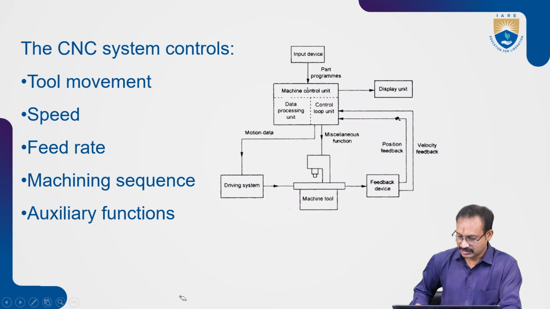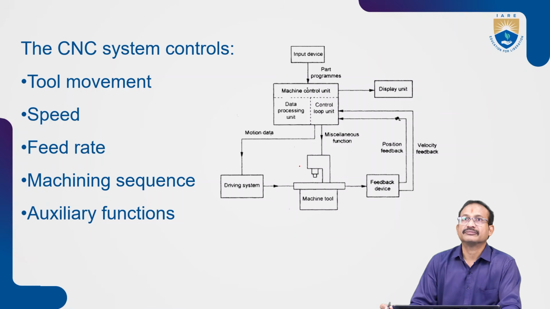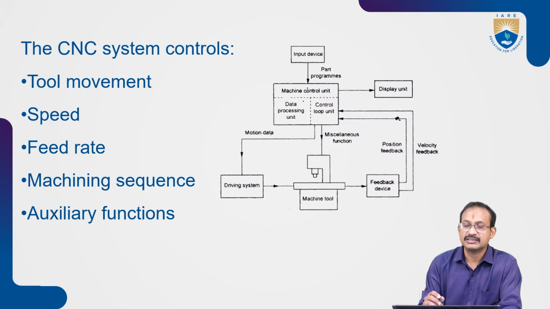See here, catch all these things. There is the machine tool, the driving system associated with this machine tool, and a feedback device attached to it, so that feedback is sent to the machine control unit, where the data processing unit and control unit are. Part programming through input devices is taken by this MCU. The MCU sends the motion data to the drive system, and sends the miscellaneous functions directly to the machine tool.